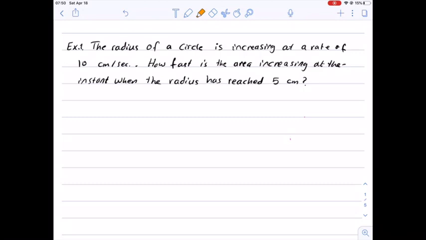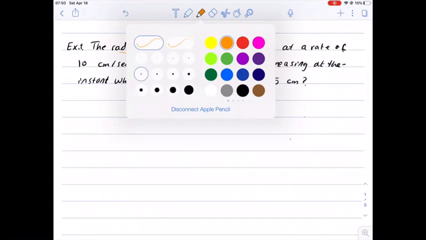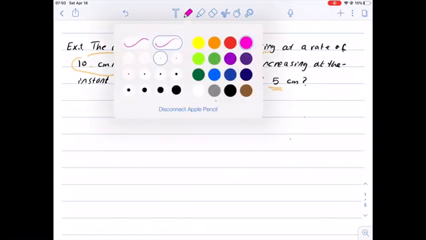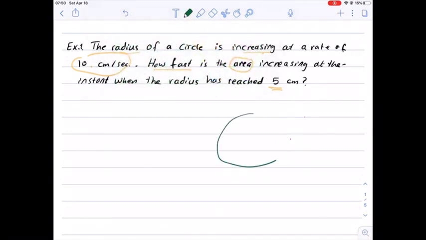So let's take an example. If we have a circle of radius r, and that radius is increasing at a rate of 10 centimeters per second, we want to know how fast is the area increasing at the instant when the radius has reached 5 centimeters.